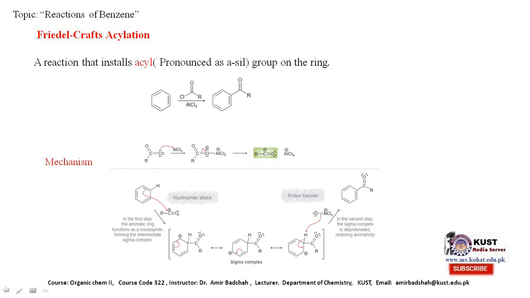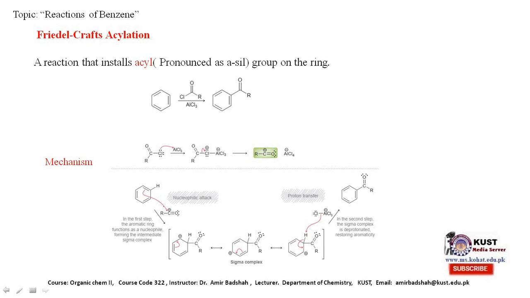Mechanistically, it has been shown here that the acyl halide is treated with aluminium chloride to form this complex, and then the electron is transferred here, and we get an electrophile.